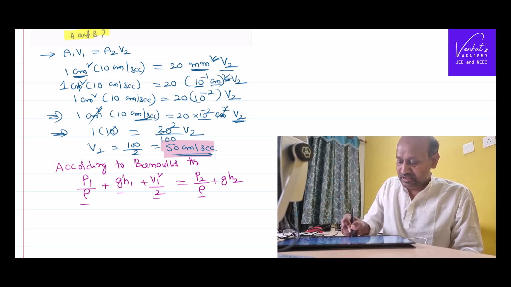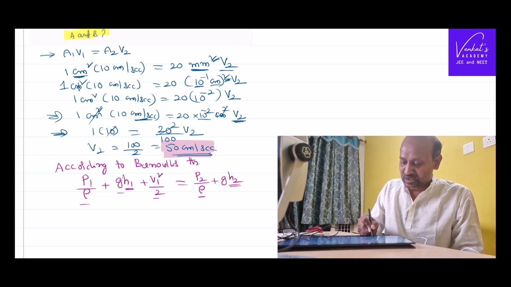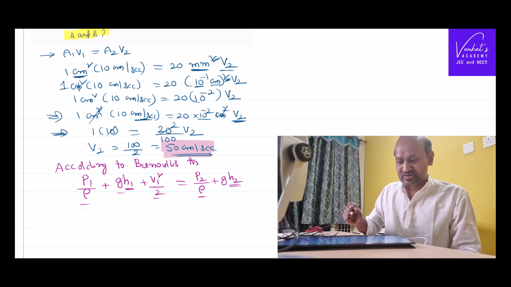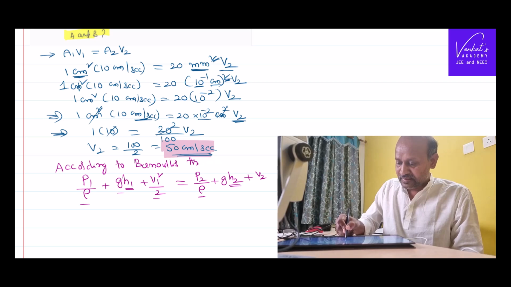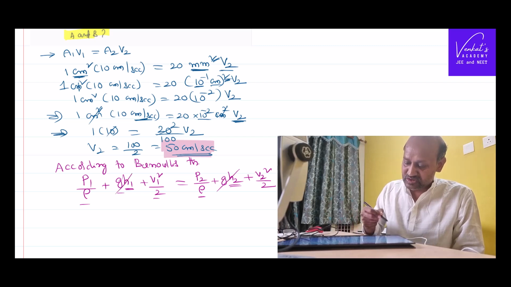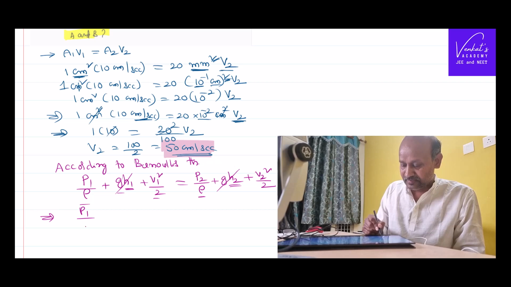Though I'm writing GH2, I'm going to equate H1 equal to H2 because he said the stream is horizontal. Velocity is different, we have already found. So as H1 equals H2, GH1 and GH2 can be cancelled. What's remaining then? P1 by rho.